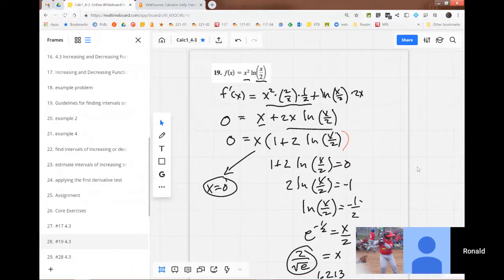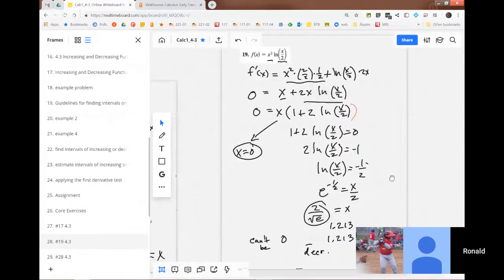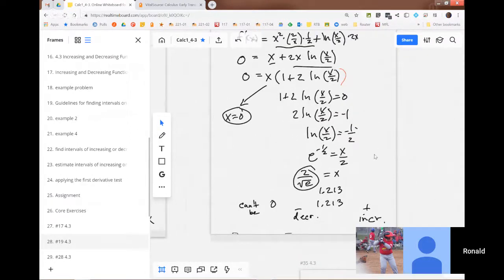And then we have a chain rule, 1/2 x, the derivative is 1/2. And then plus the second times the derivative of the first. Well, I was able to locate critical values, 2 of them, one at 0 and one at 2 over the square root of e. 2 over the square root of e is about 1.213. So I got these 2 dividing points.